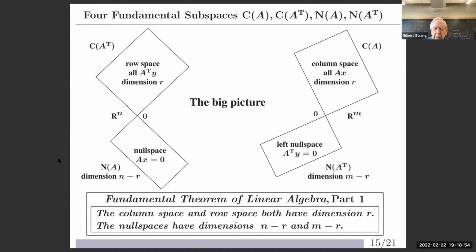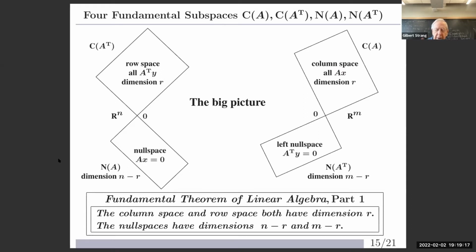And we have the row space. The column space, again, is all combinations of the columns. And when we take all combinations, we get the whole space. On the left, the row space is all combinations of the rows. And again, those spaces are the same dimension. That's what we just understood.